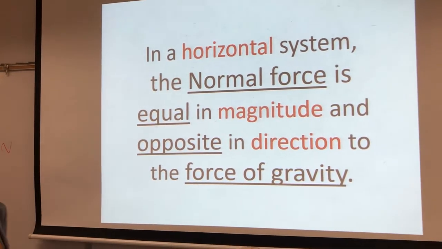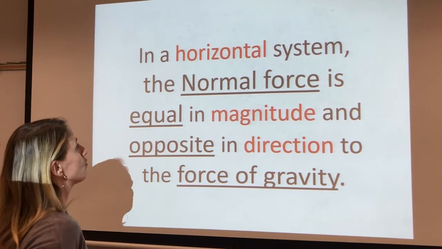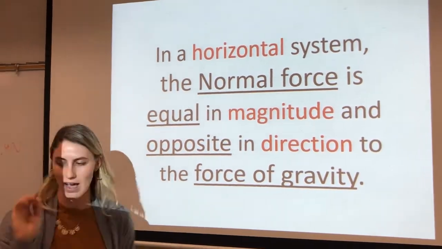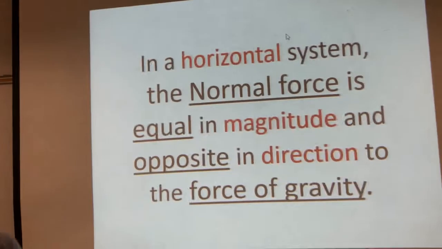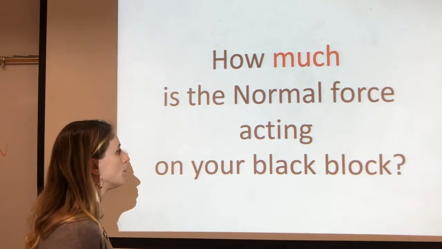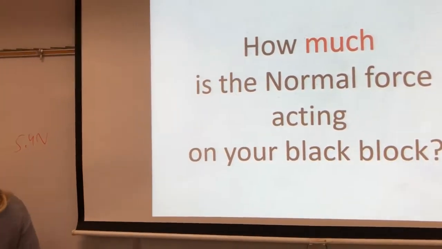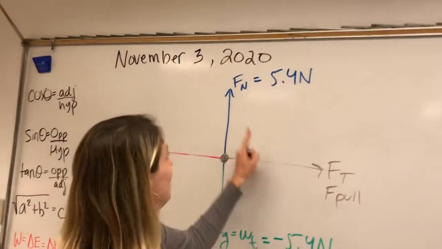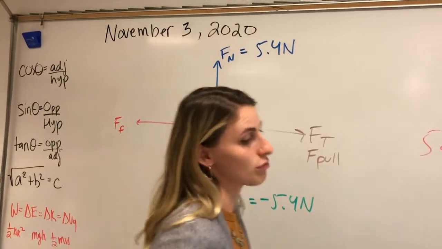In a horizontal system, the normal force is equal in magnitude and opposite in direction to the force of gravity. How much is the normal force acting on your black block? Well, gravity is 5.4 newtons down, 5.4 newtons up for the normal force.